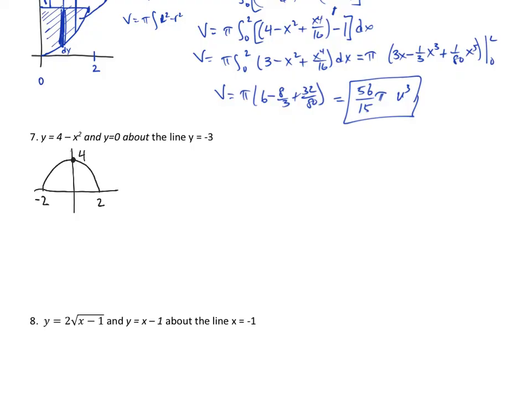So that's what we're looking at, and we're going to rotate it about a line down here at negative 3. So 1, 2, 3, there's negative 3. And we're going to rotate this like that.